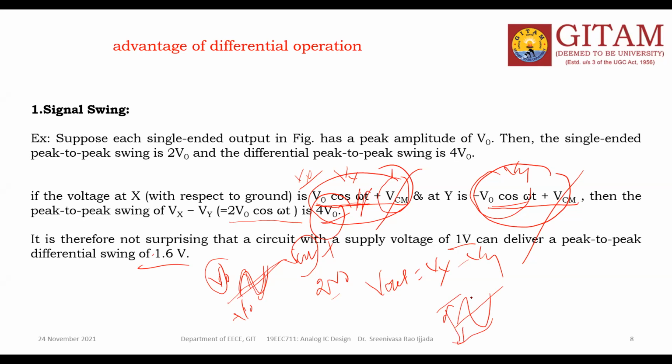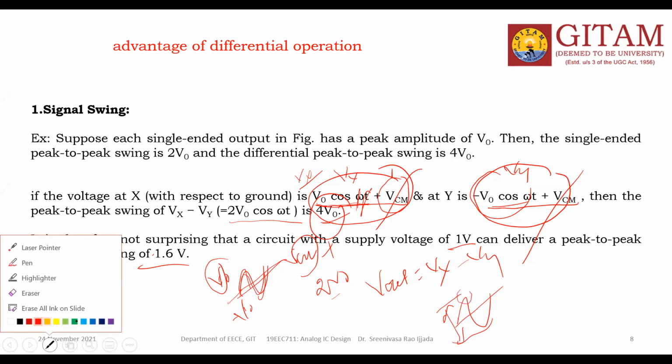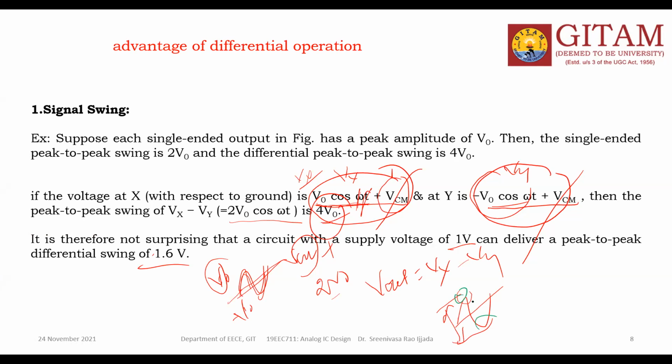If you do not get the total swing at the output, your signal may be clipped or clamped somewhere. So if you are not getting the same signal at the output, some portion of the output may be gone. Some portion, this portion or this portion, may be gone.